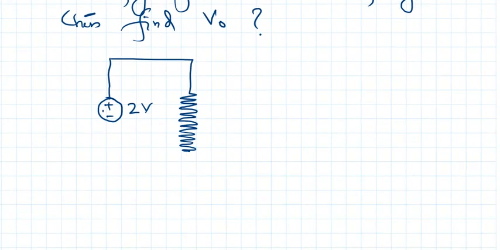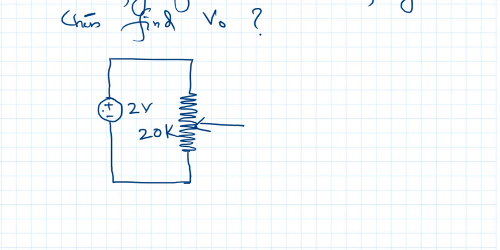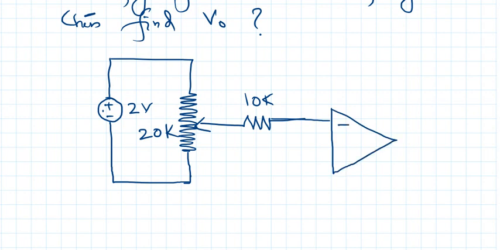That potentiometer is a 20k resistor and its wiper is positioned halfway, and this is 10k. Then we can have a 10k resistor, and an op amp. The op amp is connected in inverting amplifier mode, and this is 15K, and this is my Vout.